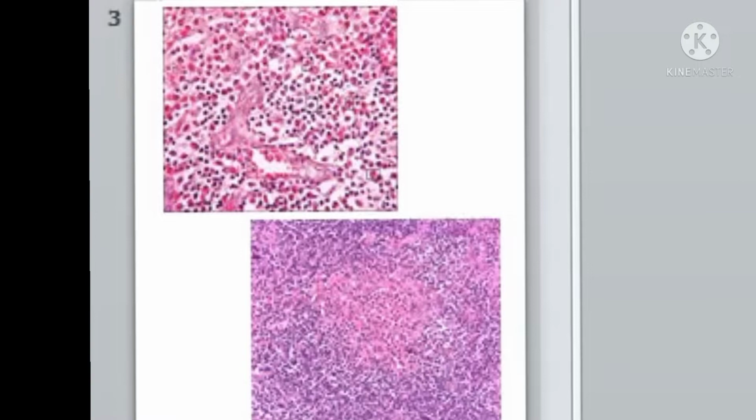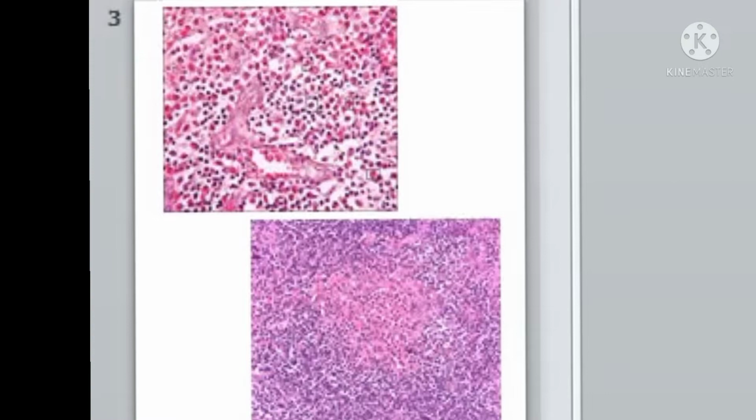List at least 3 or 4 conditions. Hodgkin's lymphoma, parasitic infestation like filariasis, angiolymphatic hyperplasia. There is no eosinophil there.